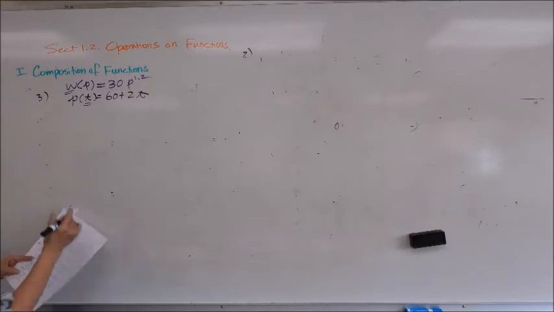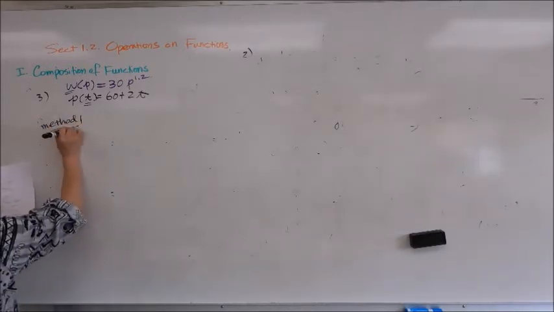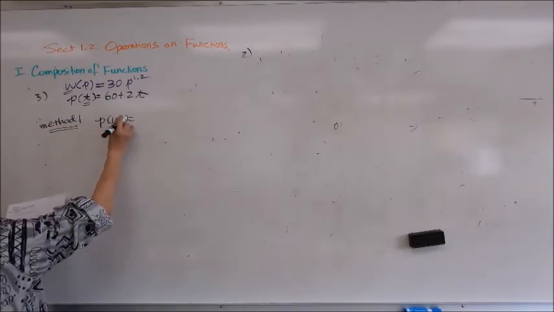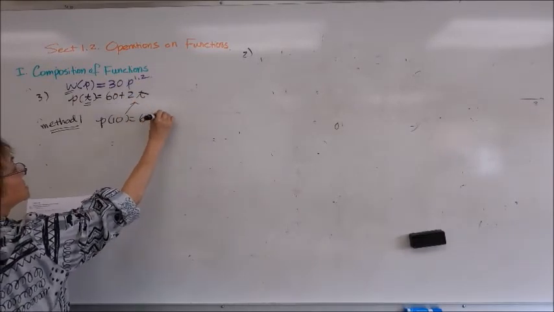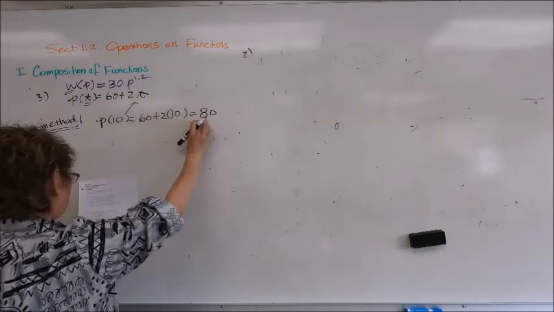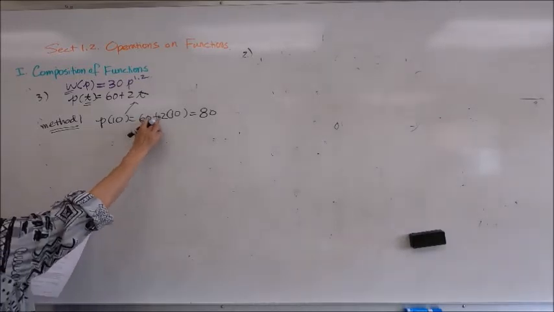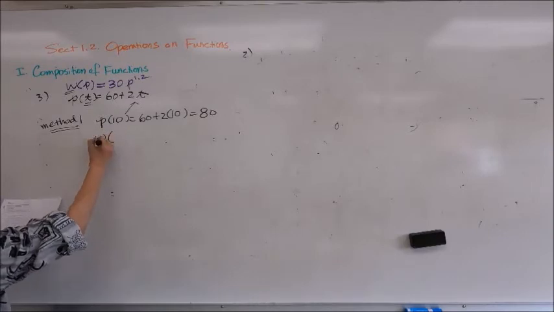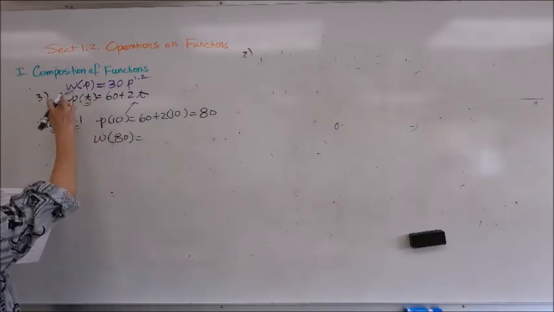So we can do this way. So method 1, we say, okay, let's see, population 10 years later, right? So you plug in here, so plus 2 times 10, they will expect you have more, 80,000 people instead of what? From 60,000 to 80,000 after 10 years. Then after 10 years, water usage would be for 80,000 people. Then you plug in here, right?